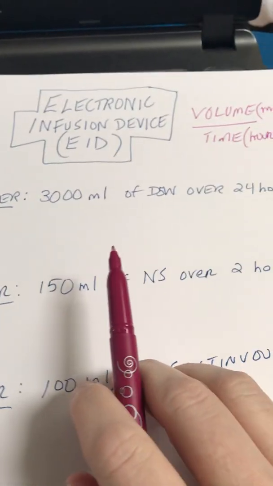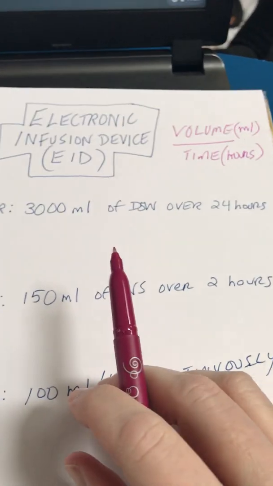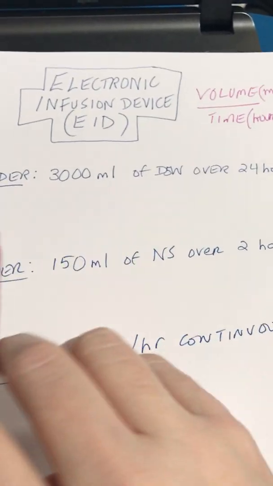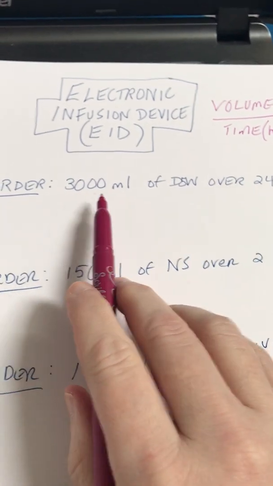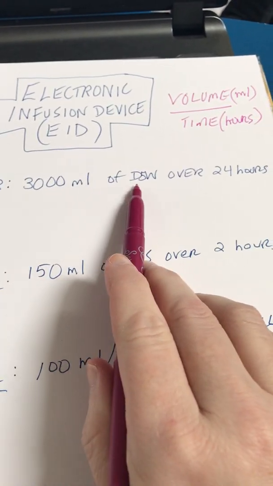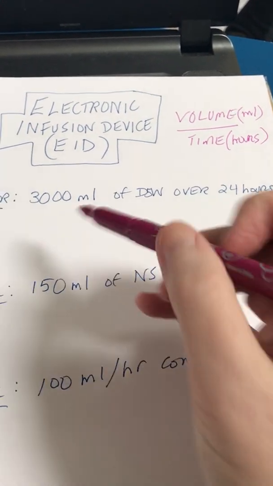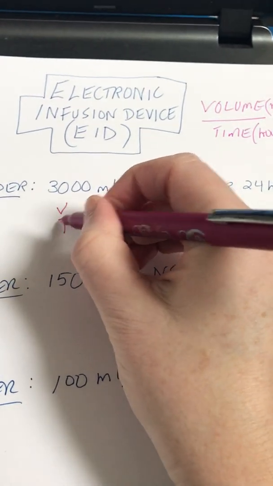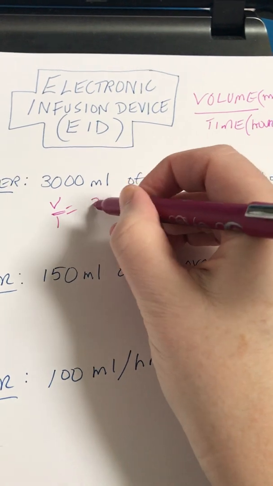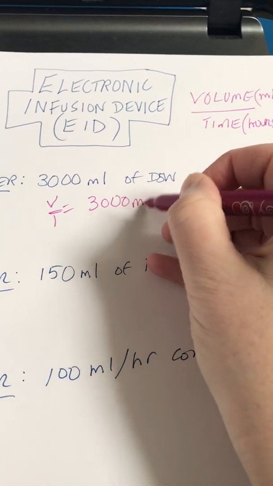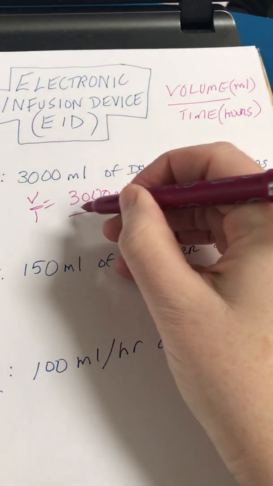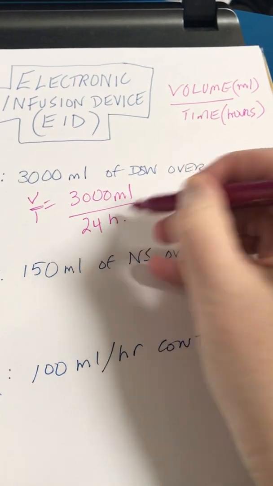So in your guide, I think you had one question, and maybe not, I'm not sure. But I'm going to go over it here. Doctor ordered 3,000 milliliters of D5W over 24 hours. So with volume over time, 3,000 milliliters over 24 hours.